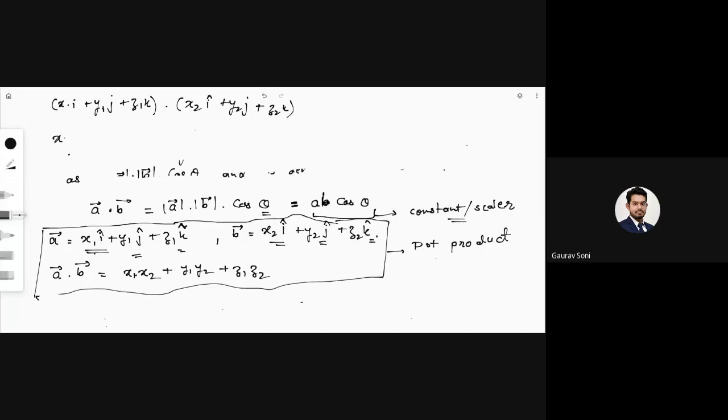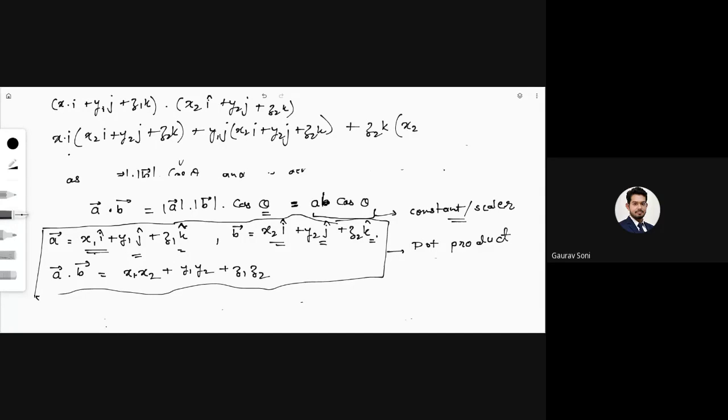This x1 i will be multiplied to x2 i plus y2 j plus z2 k, plus y1 j will be multiplied to x2 i plus y2 j plus z2 k, and z1 k will be multiplied to x2 i plus y2 j plus z2 k.